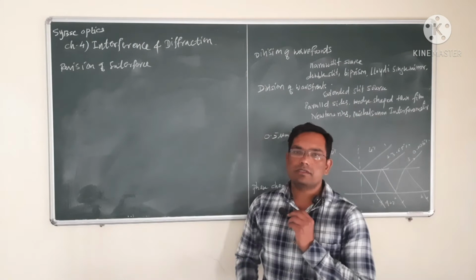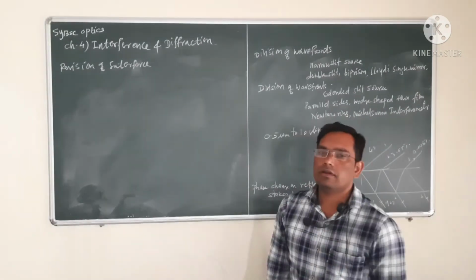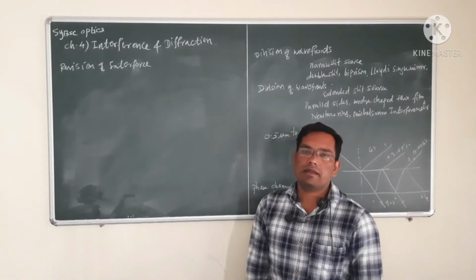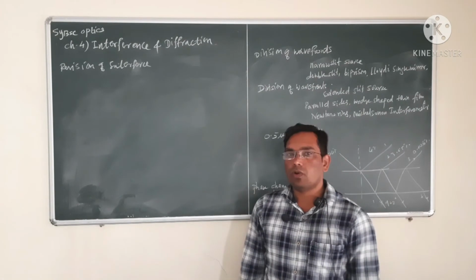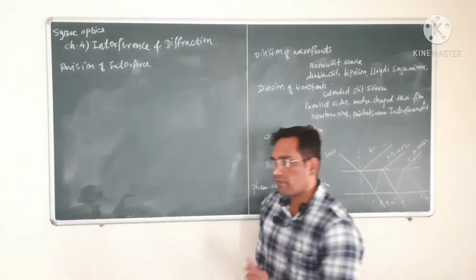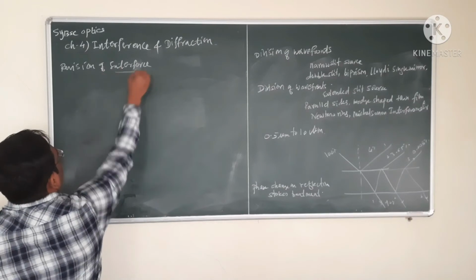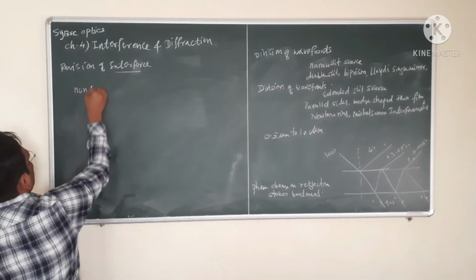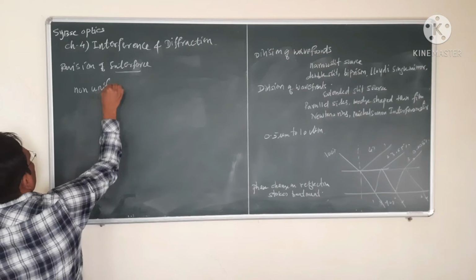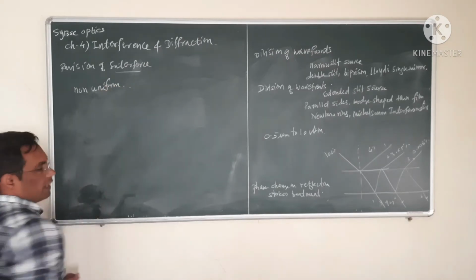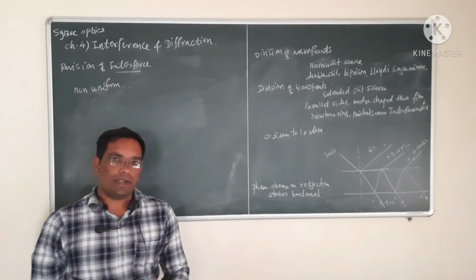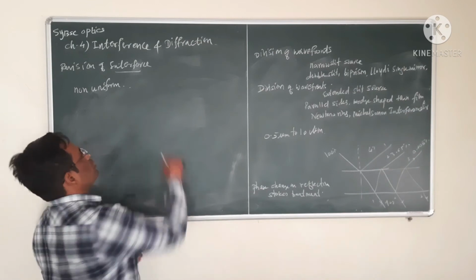The definition of interference is that interference is non-uniform distribution of energy, which is obtained by superposition of waves.